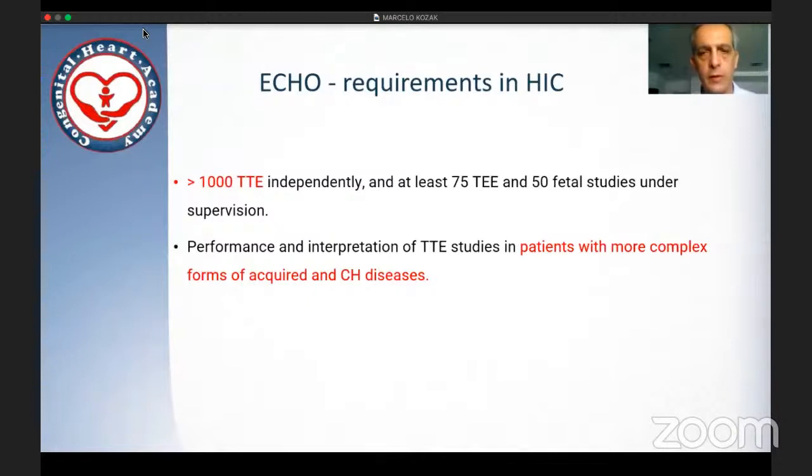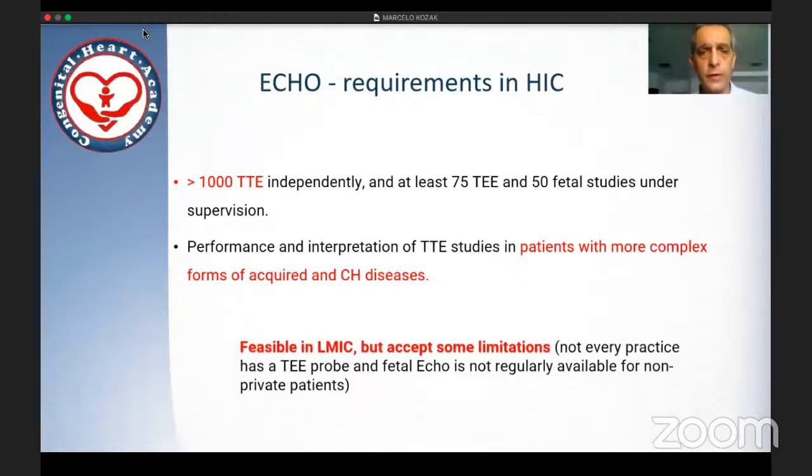These people have the ability to study more complex forms of acquired and congenital heart disease. This is also feasible in LMIC, but keep in mind that you have to accept some limitations. Not every practice has a TEE probe, and fetal echo is not regularly available for non-private patients, at least in Brazil.